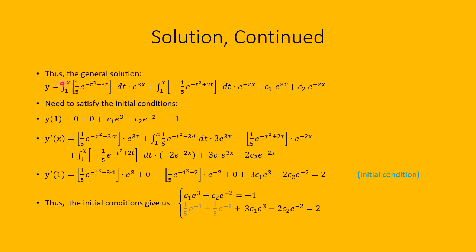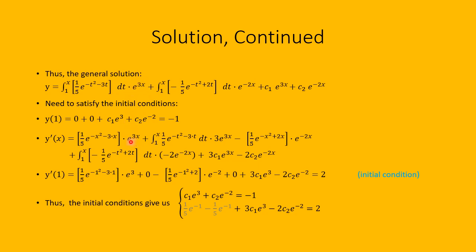If we differentiate this with respect to x, we're just going to get this function of x instead of t. And so the derivative of this integral is 1/5 e to the minus x squared minus 3x. And then that's multiplied by e to the 3x.